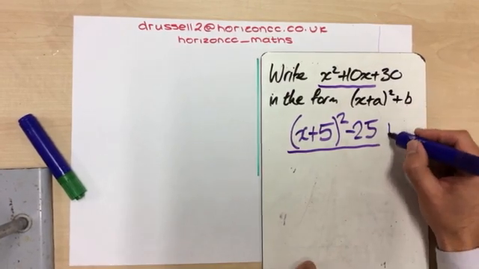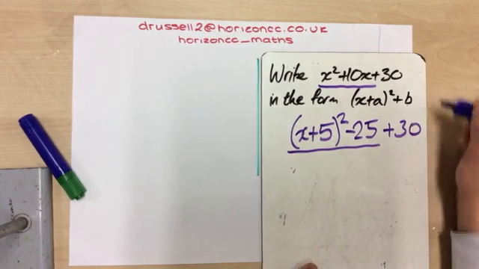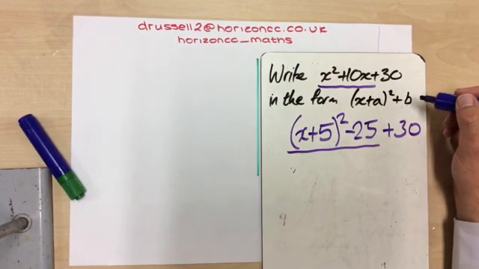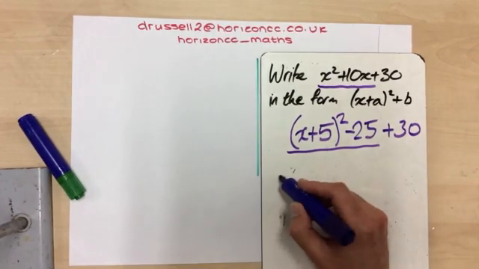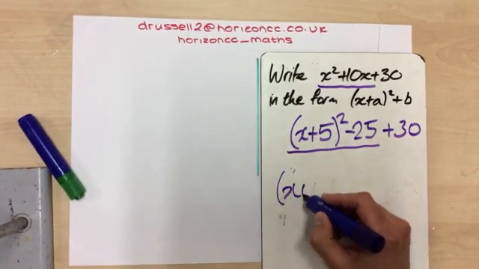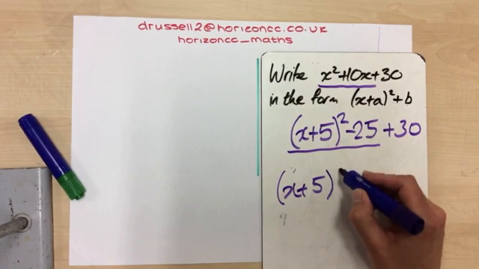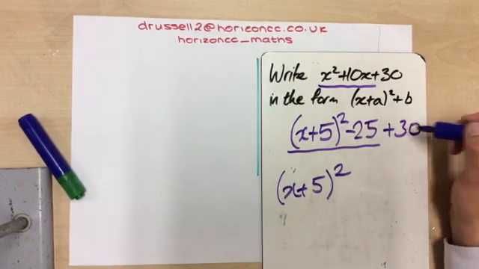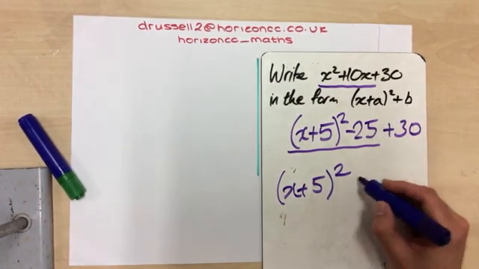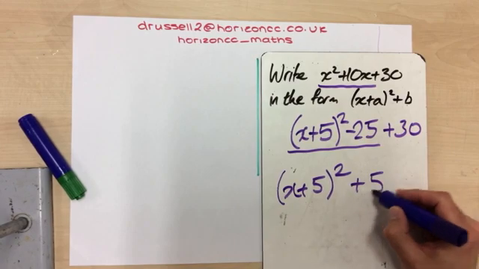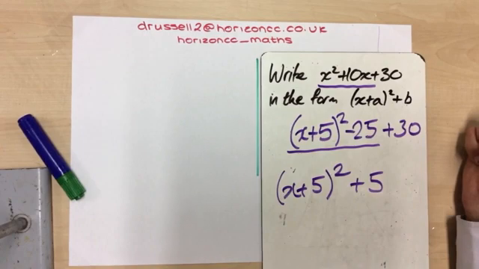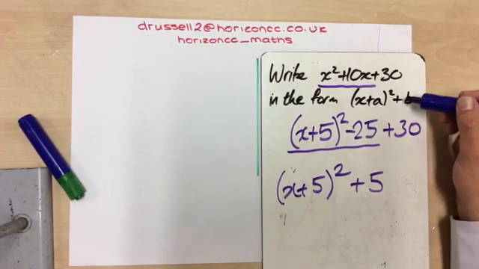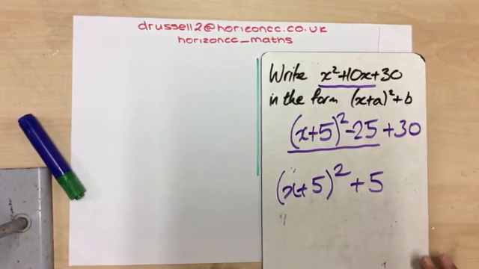Notice that plus 30 we've not used as yet. So we bring that plus 30 down, and now I can write it in the form that I'm wanting. So I've got x plus 5 squared minus 25 plus 30 gives me positive 5. And just check that it does match up with the format that I wanted my original answer in.